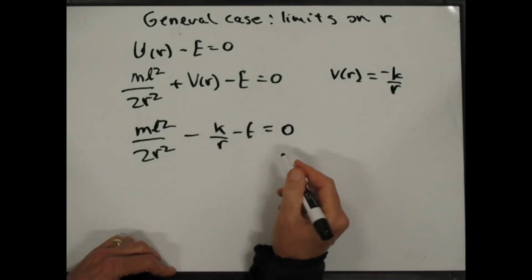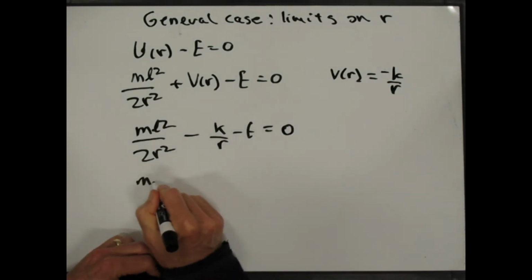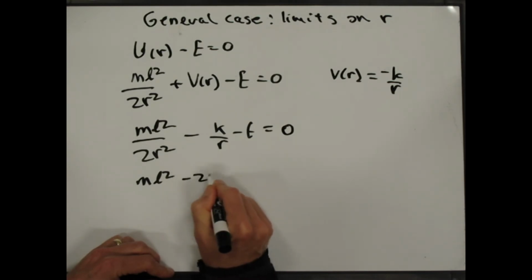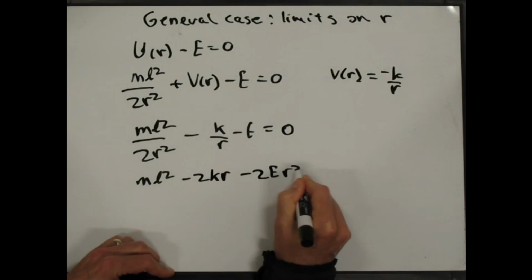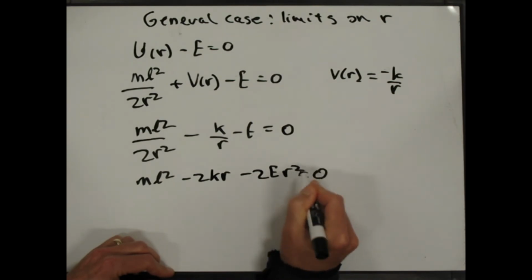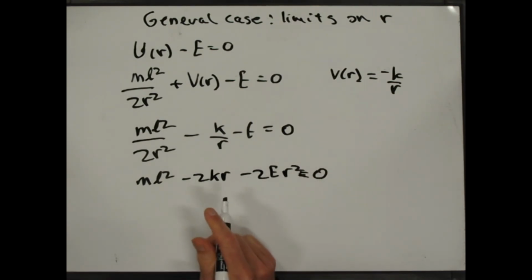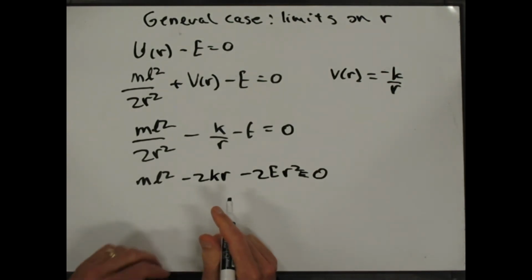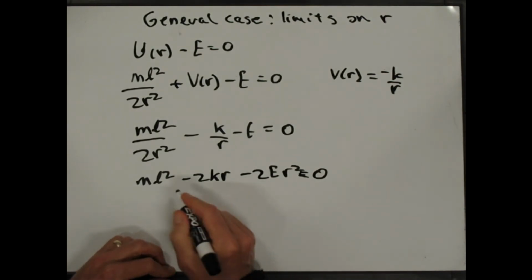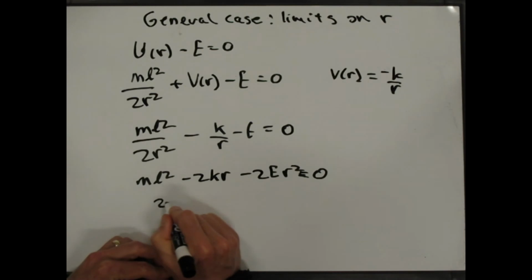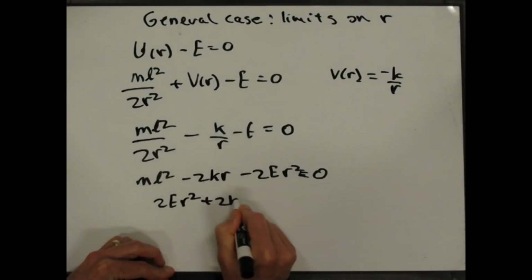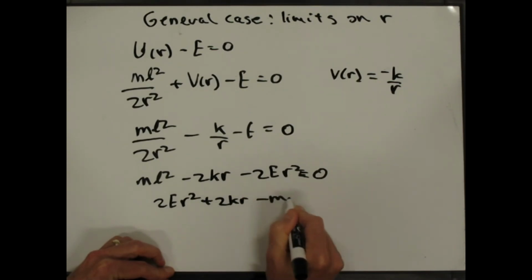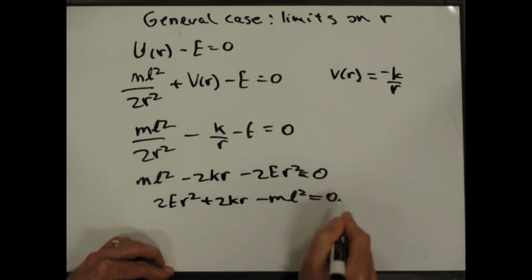I can multiply through by 2r squared, and I get ml squared minus 2kr minus 2Er squared equal to 0, or 2Er squared plus 2kr minus ml squared is equal to 0.